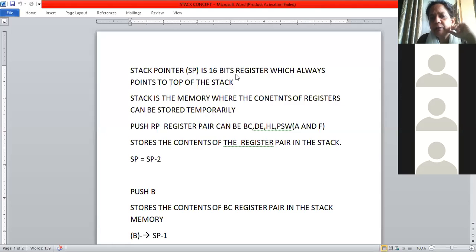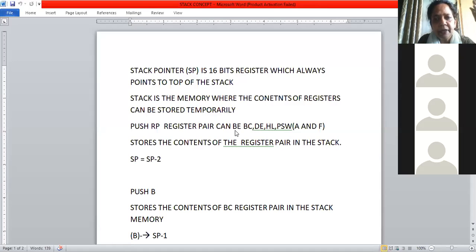So the stack pointer is a 16-bit register which always points to the top of the stack. And what is a stack? Stack is a memory where the contents of the registers can be stored temporarily. And we use the push RP instruction for storing the contents of a register pair.